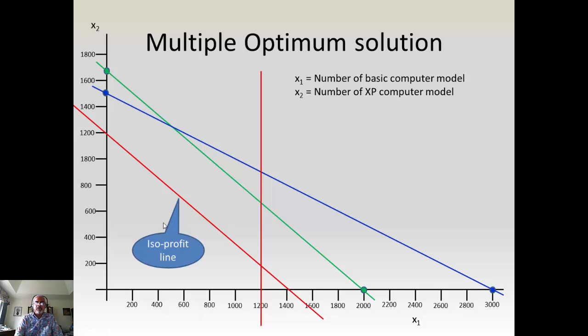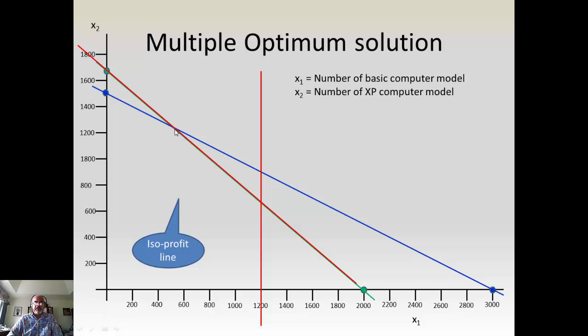So the iso-profit line is now being moved, and you see that at the edge, as it increases, it becomes parallel, it coincides with this constraint line. Now if you try to increase the profit any more, it's going to leave the feasible region completely.